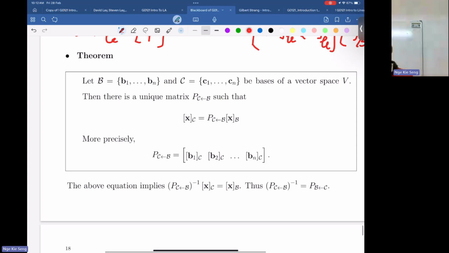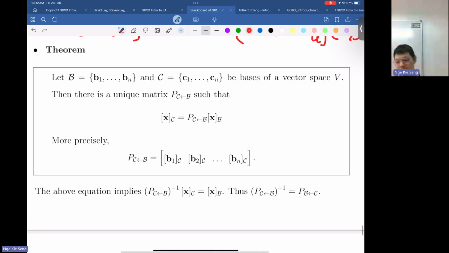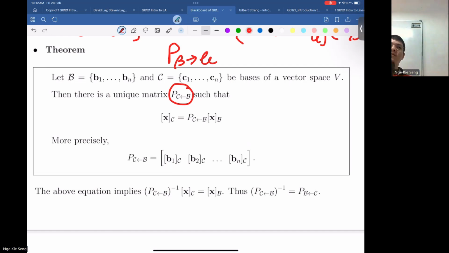Then there exists a unique matrix, call it P from B going to C. Maybe you would think it's weird here. If it's just B going to C, why not write it like this? But later we will justify why we write it in a backward way.